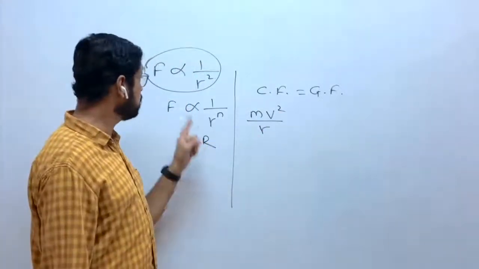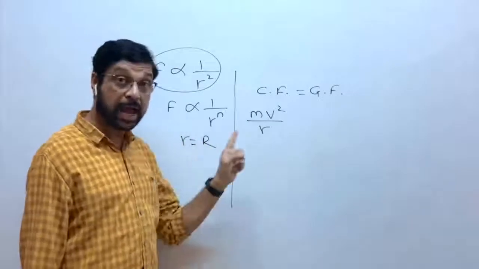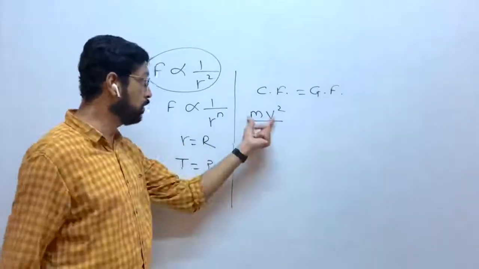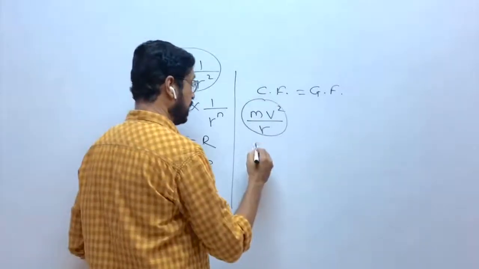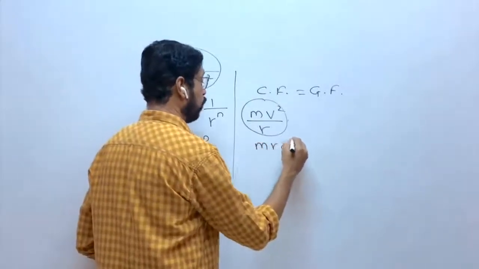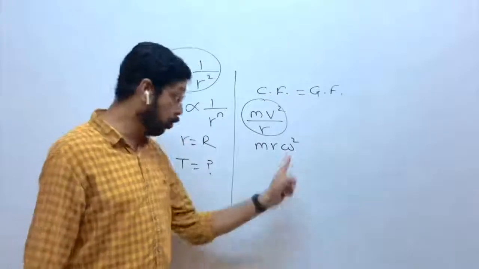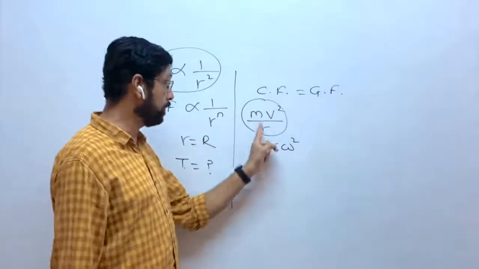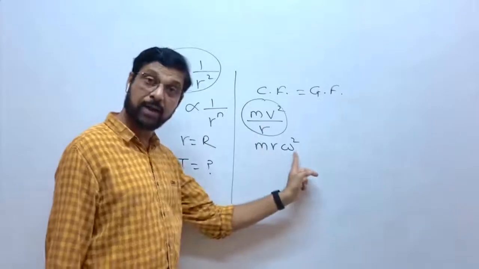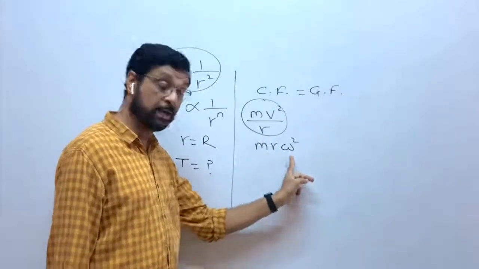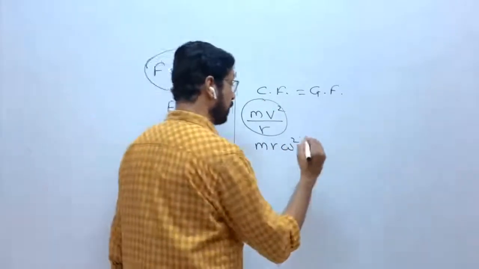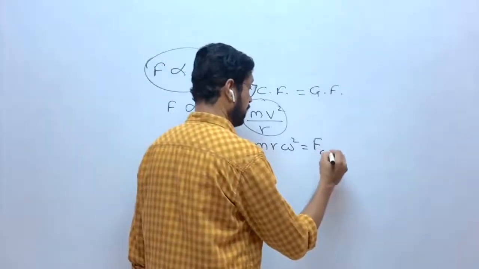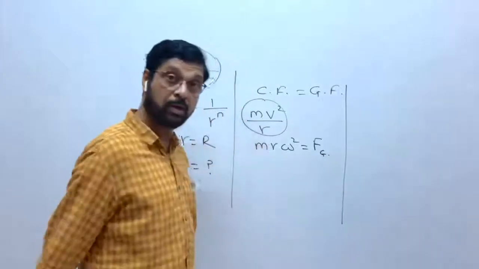But since we have to find the time period, we will not take this formula. We can take m r omega square. If we use omega, then T, capital T, will come in. So in place of mv square upon r, we can use m r omega square, which is equal to the gravitational force.